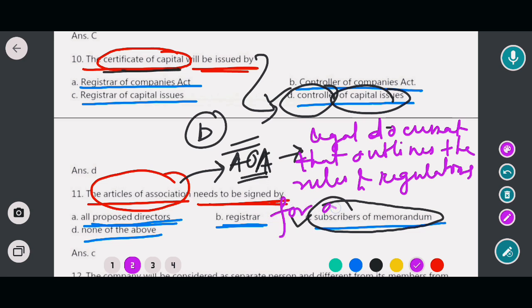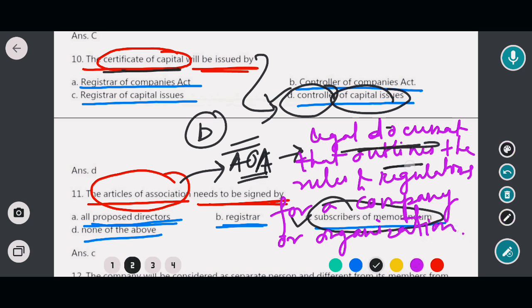So the articles of association is a legal document that outlines the rules and regulations of a company or its organization.